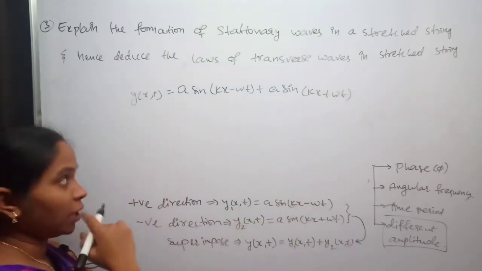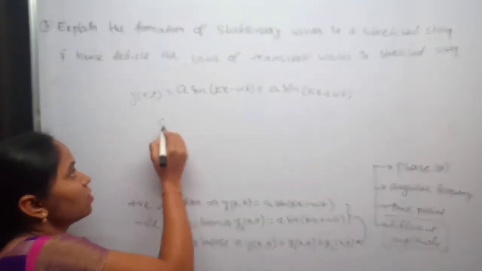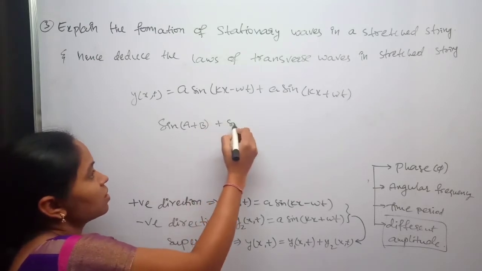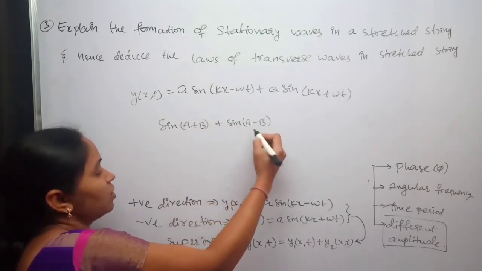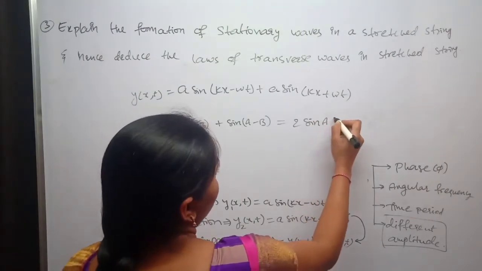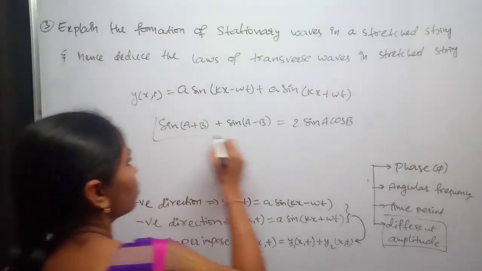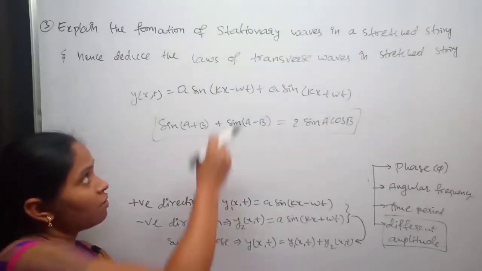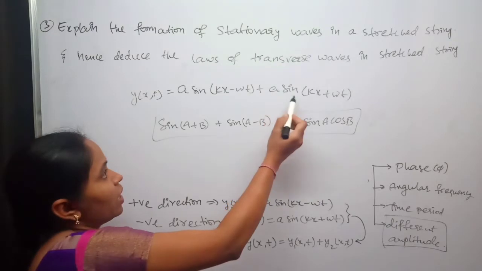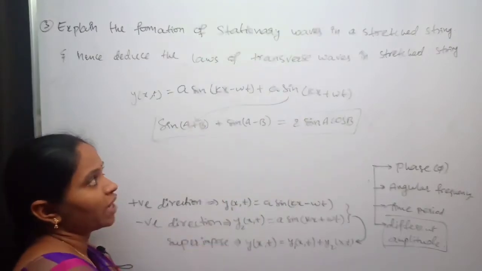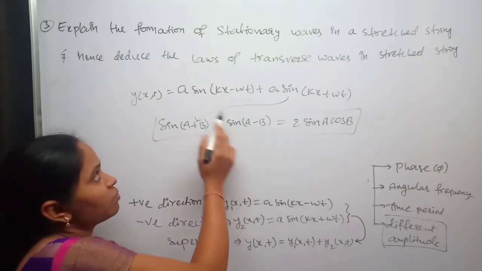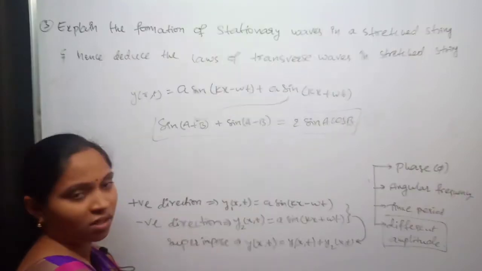You just observe carefully from trigonometric relations: sin(A+B) + sin(A−B) = 2 sin A cos B. This relation is similar to this equation. Here you have a sin(kx + ωt) in place of sin(A+B), and in place of sin(A−B) you have a sin(kx − ωt).